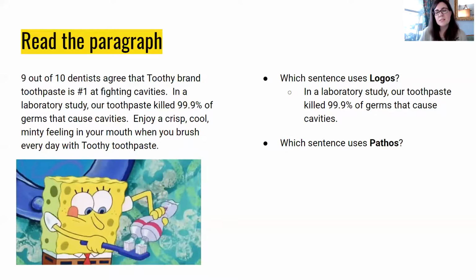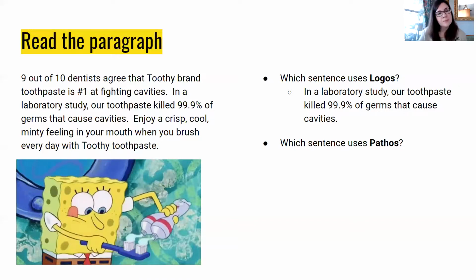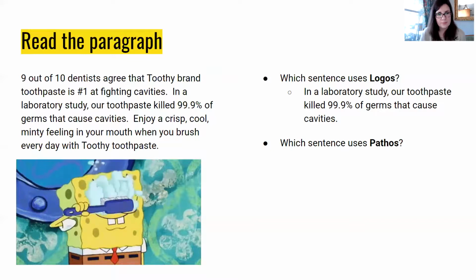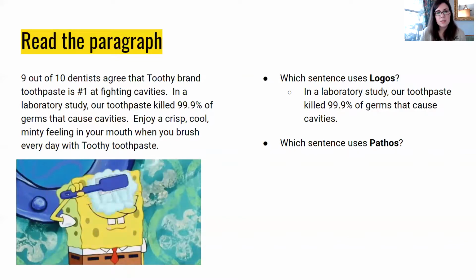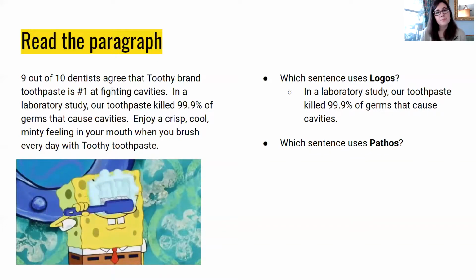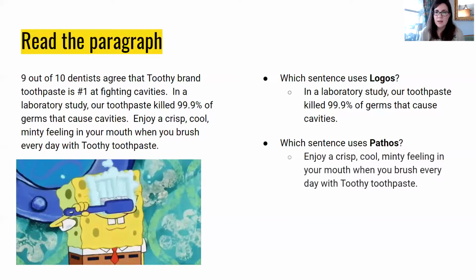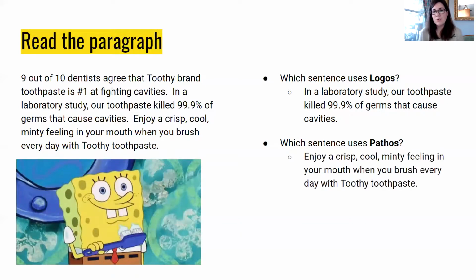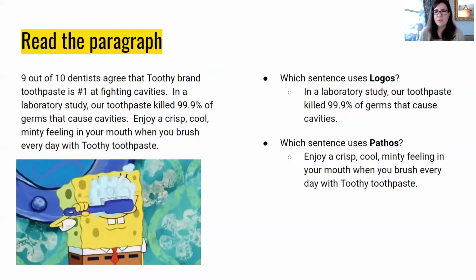Remember, pathos is appeals to emotion or beliefs, values. Pathos is an appeal to the audience. So the best answer for this one is enjoy a crisp, cool, minty feeling in your mouth when you brush every day with Toothy toothpaste.